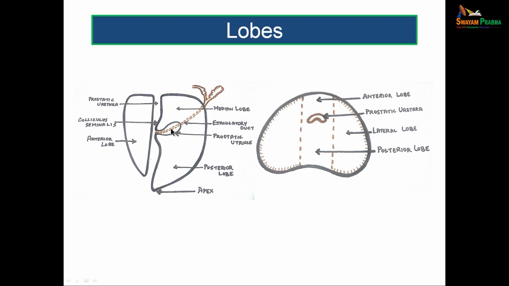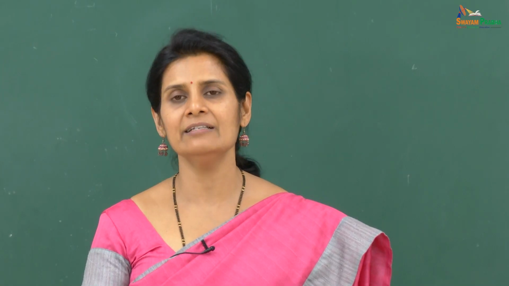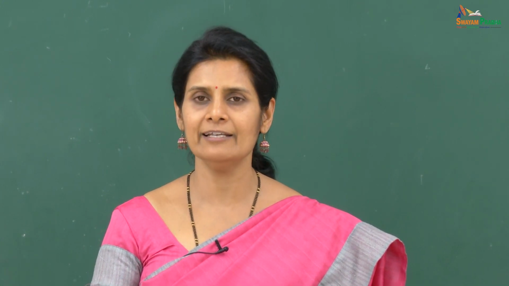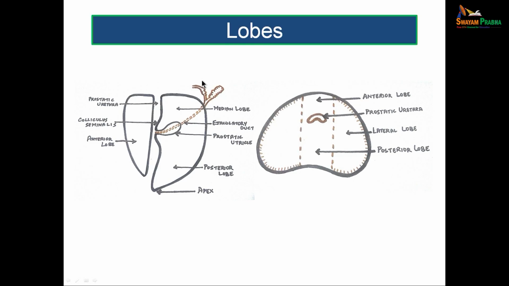Now, what they feel is that only during fetal life does the prostate show 5 lobes, but beyond 20 weeks of gestation up to benign prostatic hypertrophy, what you find is only 3 lobes, out of which 2 are lateral and 1 is median. The earlier surgical classification is what is followed even anatomically now.